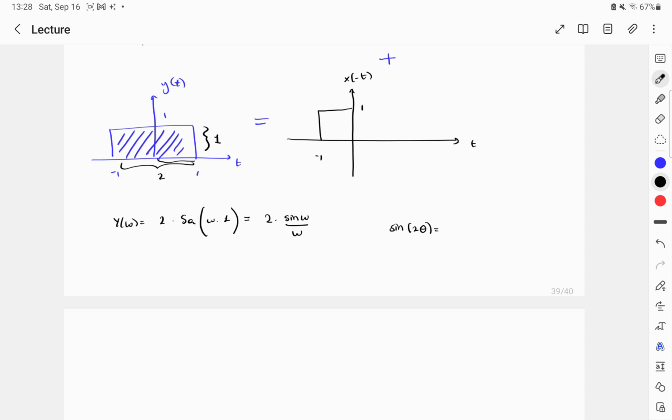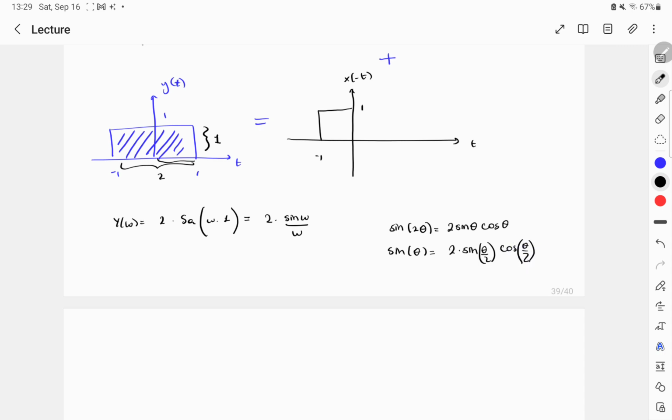So this one equals 2 sine theta cosine theta, as we know. And if we do it for sine theta, it will equal 2 times sine theta over 2 times cosine theta over 2.